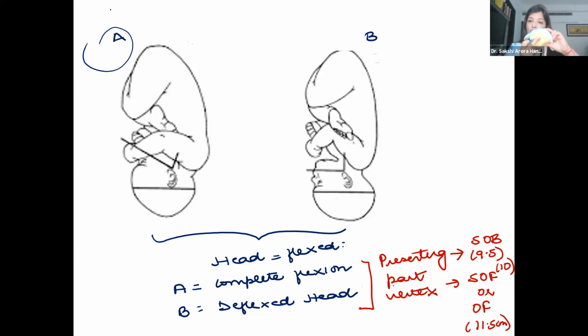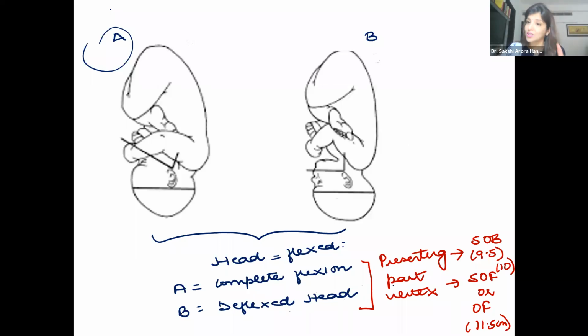The red color is posterior fontanelle. The blue color is anterior fontanelle. Now, if the head of the baby is deflexed, right, it is not extended, it is not flexed. Now also, when I will do a per vaginal examination, my fingers are going to touch the vertex. So in case of complete flexion and when the head of the baby is deflexed, in both these cases, the presenting part is vertex.